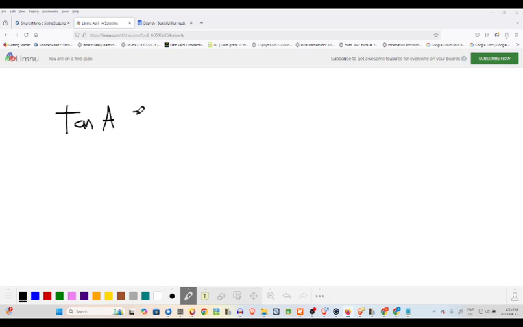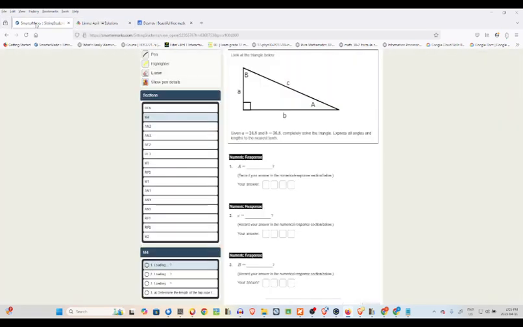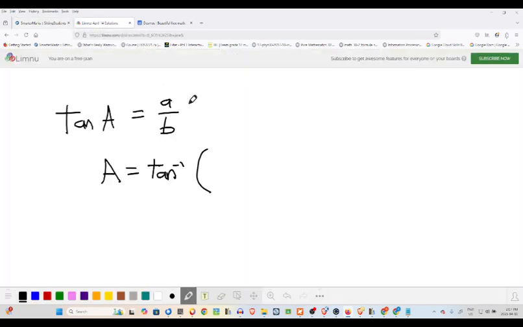So the tan of angle A is the opposite over the adjacent, which means angle A is the inverse tan of A over B, so 24.8 over 36.8.